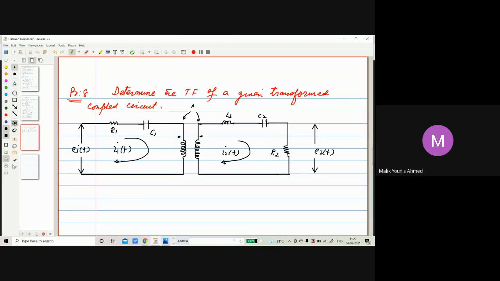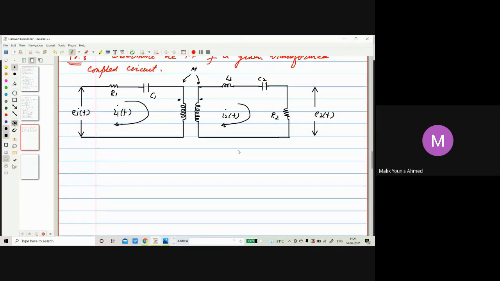This is the mutual inductance. Okay, this is the question given to you, and you need to find the transfer function. Let us proceed for this type of problem. It's a very simple problem because you have studied already the networks. Those who know the basics, they will not face any sort of problems here also. It's an extension of those problems.